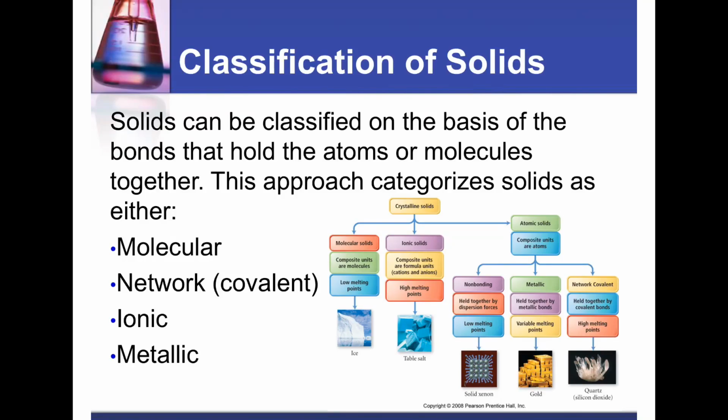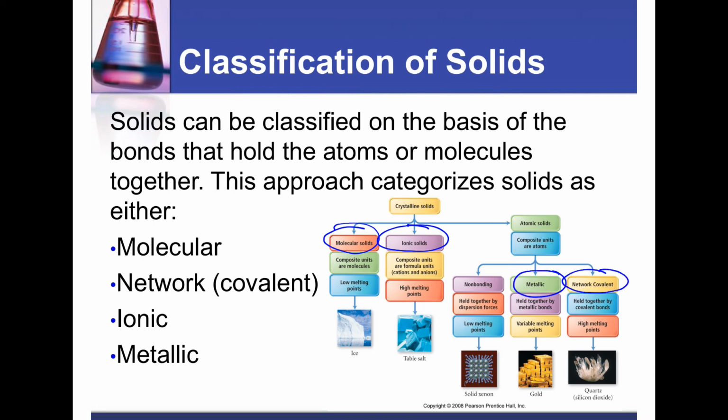So now that we've done the mathy stuff, the rest of our chapter is really about what the difference is between the types of solids. So just to start back at where we did at the beginning of the chapter, we talked about how there were molecular solids, ionic solids, network covalent, and metallic.